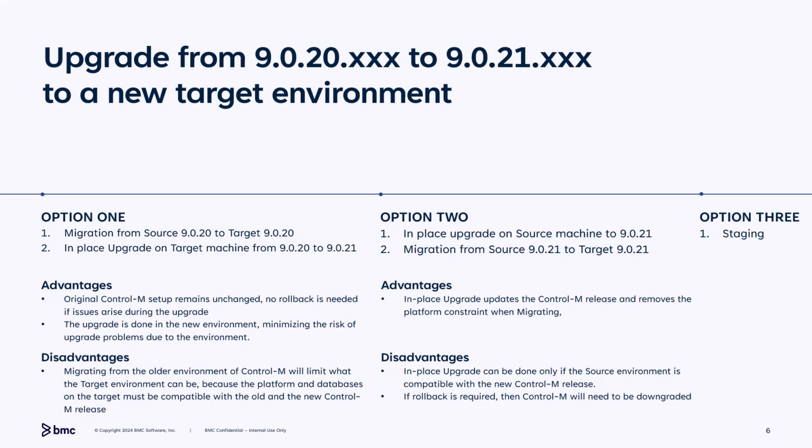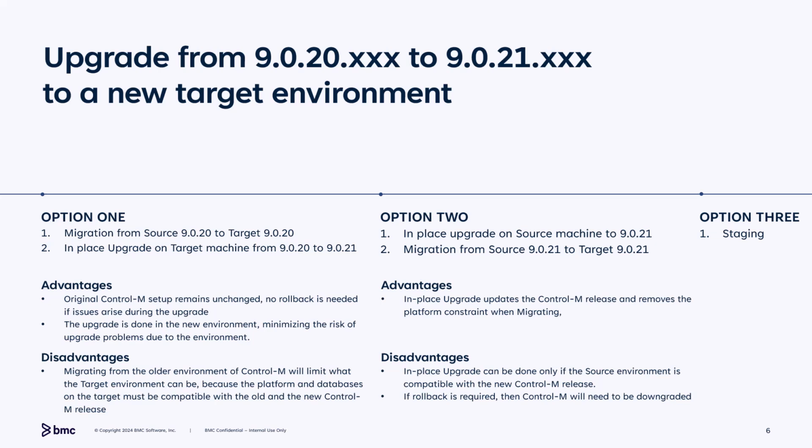For example, if the source environment is Red Hat 7, then in-place upgrade cannot be done because release 7 is not supported for 9.0.21. Another disadvantage is if rollback is required, Control-M will need to be downgraded, or the original image will have to be reproduced or restored.